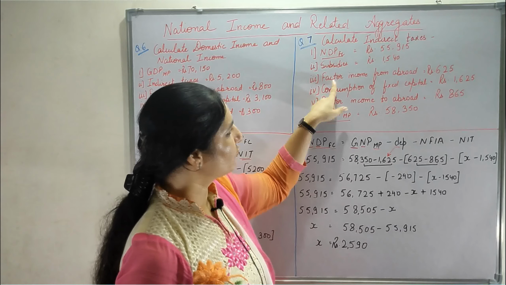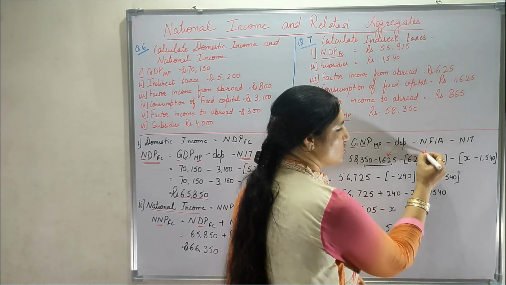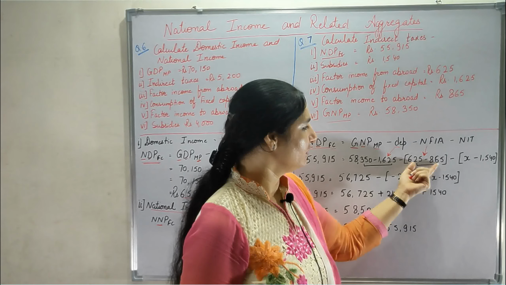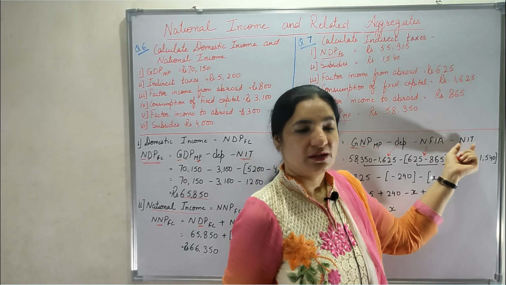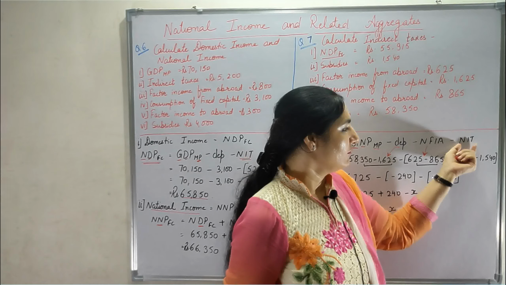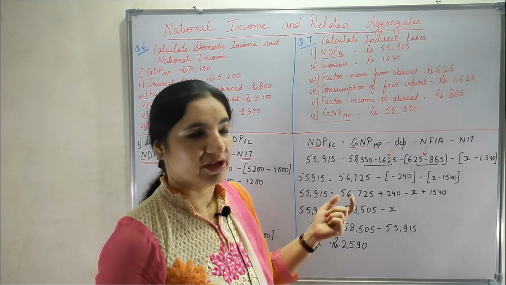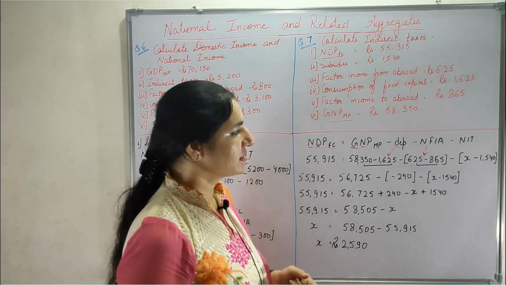NFIA means factor income from abroad minus factor income to abroad. We have taken these two values. I have enclosed them in a bracket so that we can arrive at a particular head. Same way NIT, the value is not given to us. We need to arrive at the value because we are required to calculate indirect taxes here.